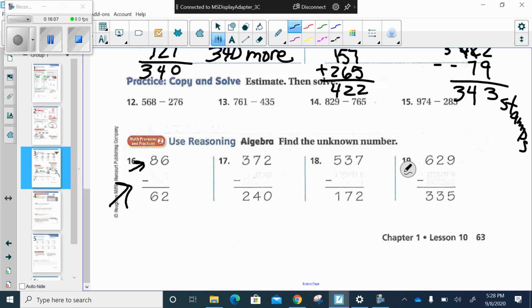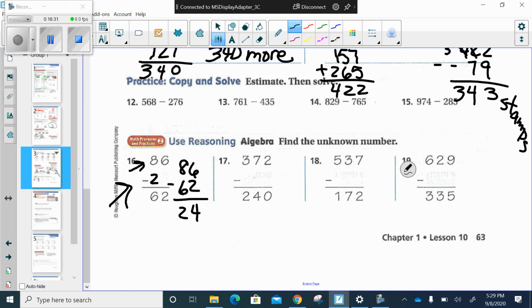When you subtract, your bigger number is going to be on the top. So I don't want to add these because then we would get a bigger number. We're going to have to subtract, aren't we? 86 minus 62 is 6 minus 2 is 4. 8 minus 6 is 2.